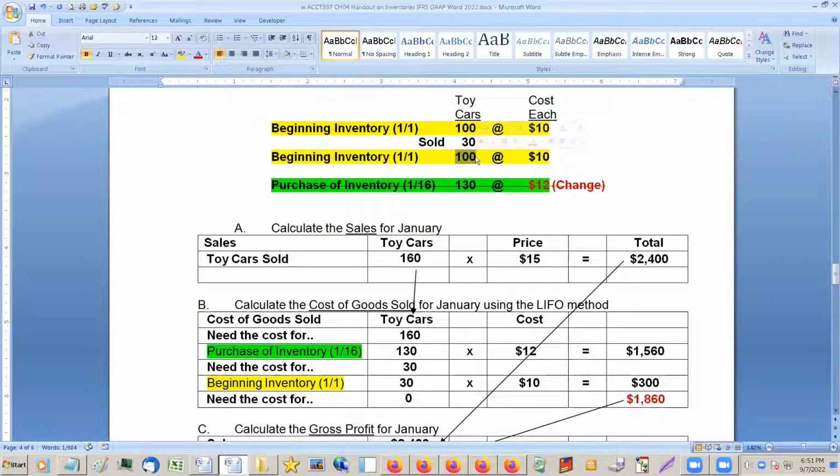What, 70 are left? So we no longer have 100 of these. The invisible cross out will let us know that we don't have those anymore.